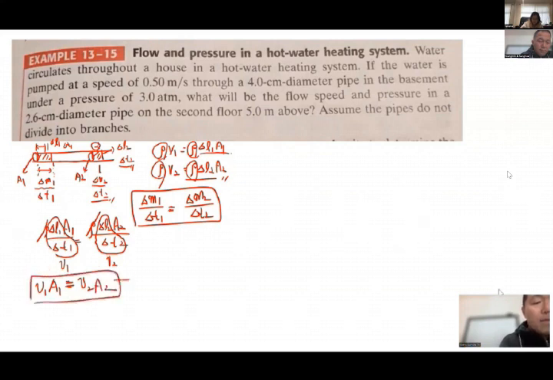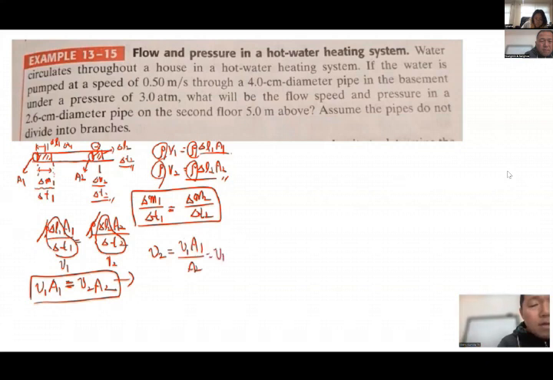Value from that, in this condition, the velocity at the 2.6 centimeter diameter pipe on the second floor, 5 meters above, should be expressed by the velocity at the 4 centimeter diameter pipe in the basement and their areas. So that should be v2 equals v1 times A1 over A2.